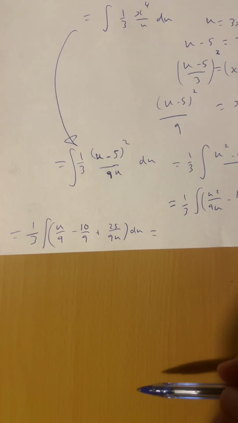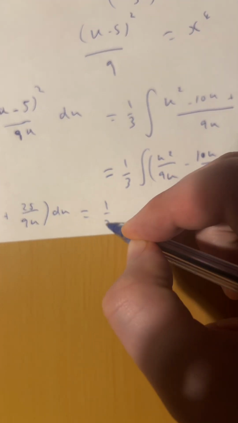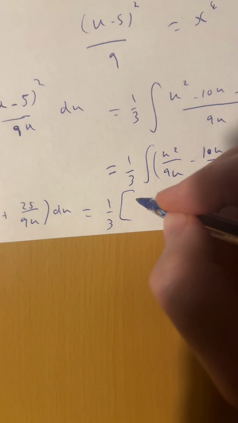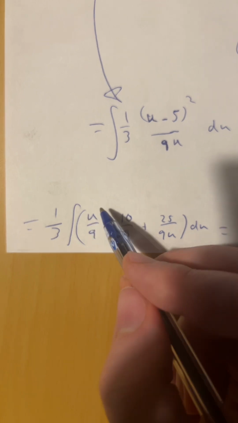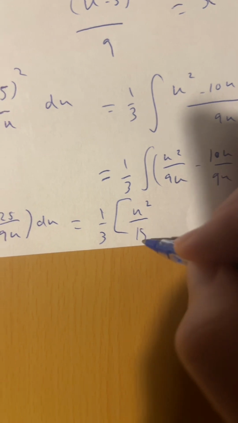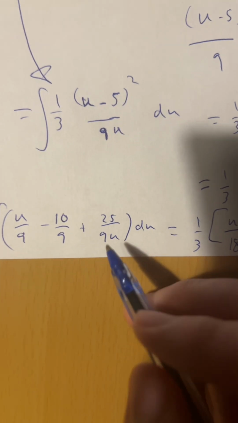Now we can do the integration. So add 1 to the power, divide by the new power. So we're going to have 1/3 at the front, and then u to the power of 2 over 2. So u to the power of 2, 9 times 2, that's 18, so divide by 18. Here we've got minus 10 over 9u. And now this is the hard bit.